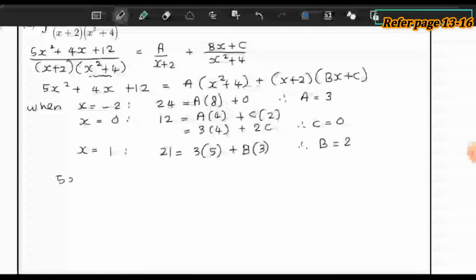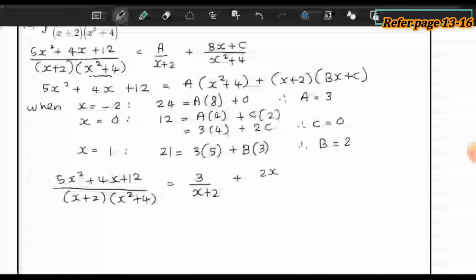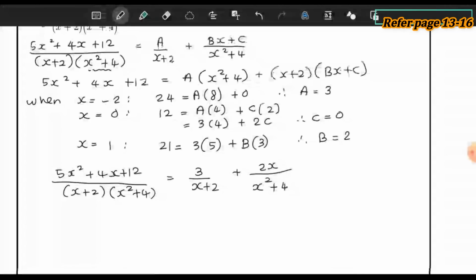Then the partial fraction 5x squared plus 4x plus 12 over x plus 2 times x squared plus 4 equals 3 over x plus 2 plus 2x over x squared plus 4, because c equals 0.